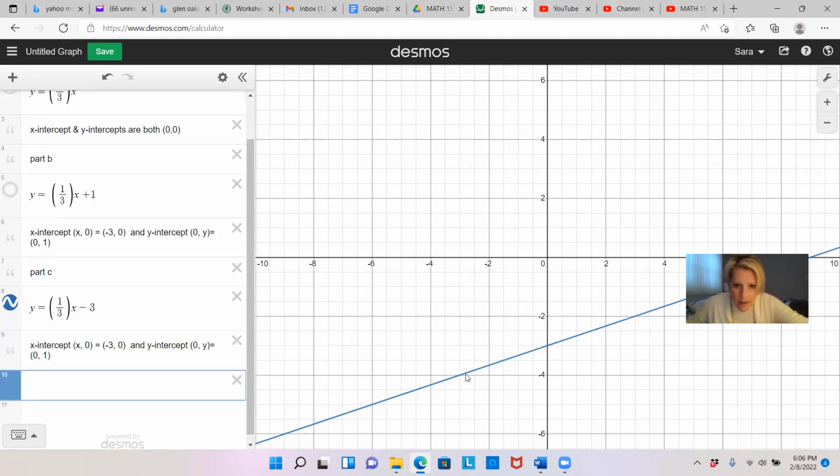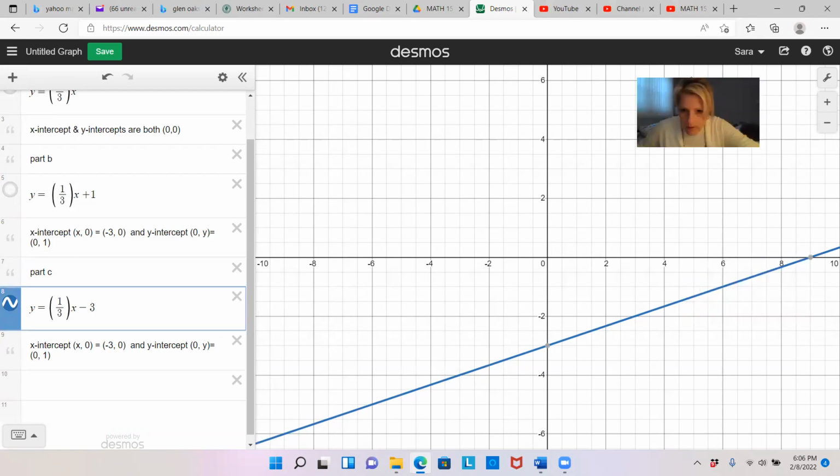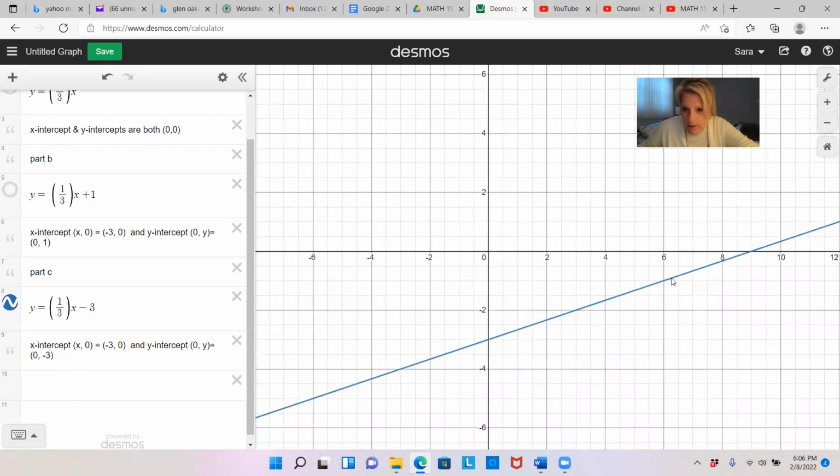We click on the line, and our y-intercept is shifted down below the x-axis. If we hover over it, the y-intercept is at 0, -3 this time. And the x-intercept, if we click on the line and hover over that point, is at 9, 0.